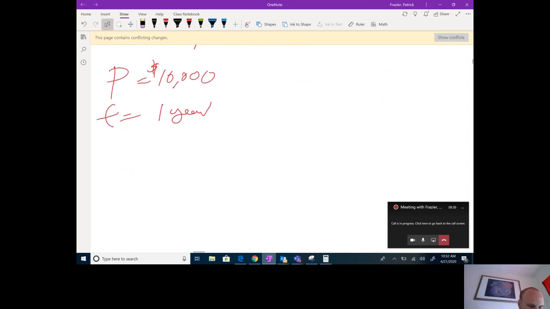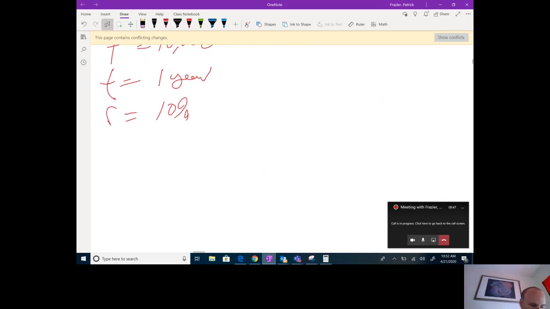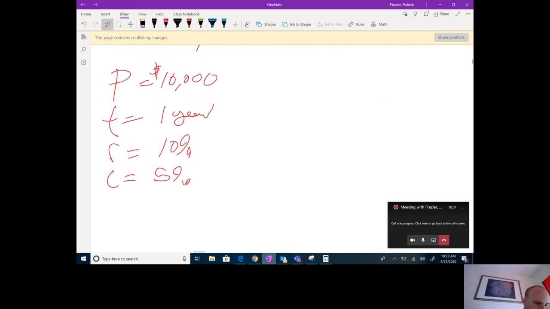And then it's a 10% discount loan, so R for rate equals 10%. And then the compensating balance is 5%. So C is 5%.